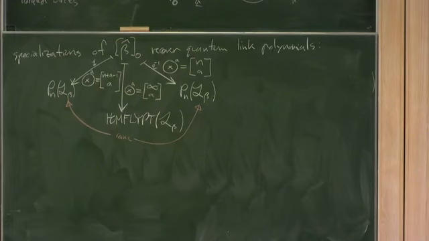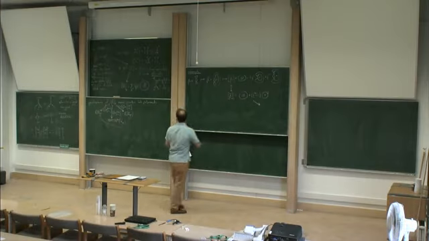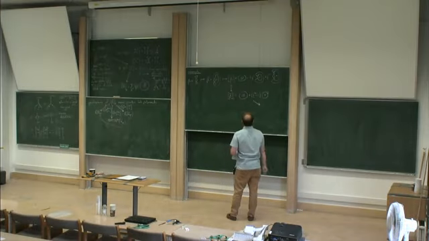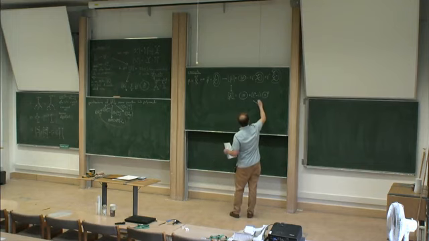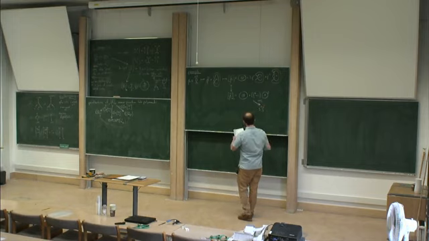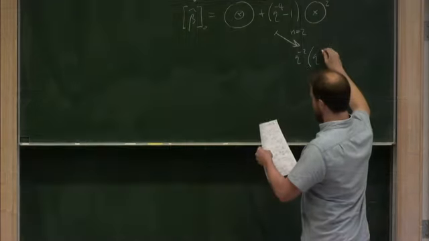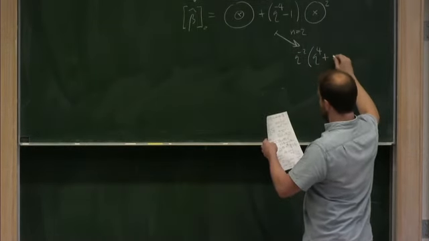Let me do an example just to convince you that this isn't all crazy speak. Let me focus on these two diagonal evaluations. I could keep my q like it was, so that this q inverse reflects that I was using q inverse in my positive crossing formula. Evaluate at, say, n equals 2, and I should get the Jones polynomial of the Hopf link up to some normalization, and that's what I get.